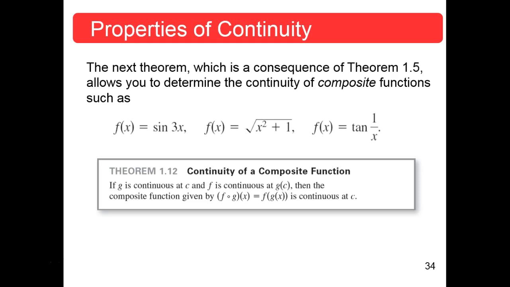How about this one? f of x equals the square root of x squared plus 1. Where is that continuous? The only thing that gives you a little heartburn on this one: that's an even index on this exponent, isn't it? And what does that restrict?